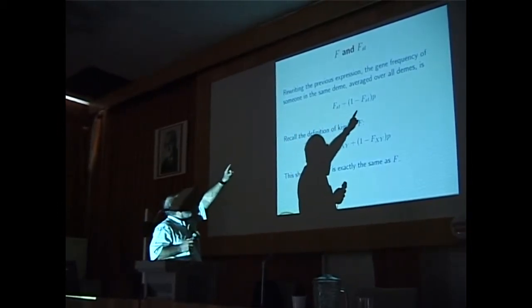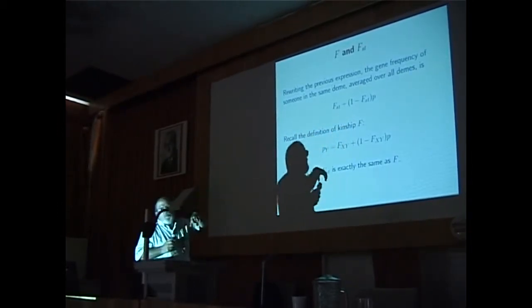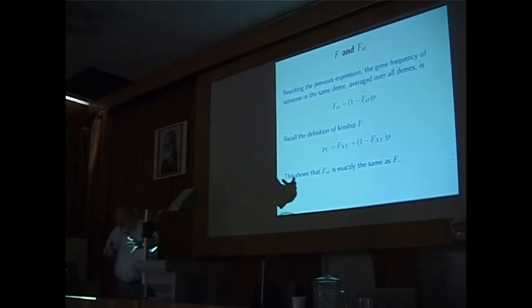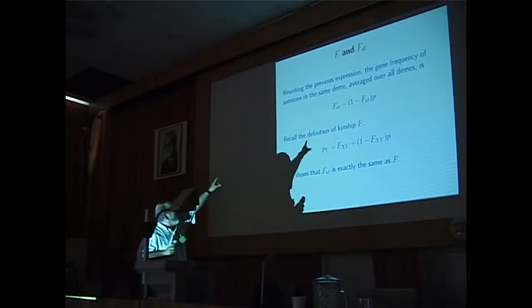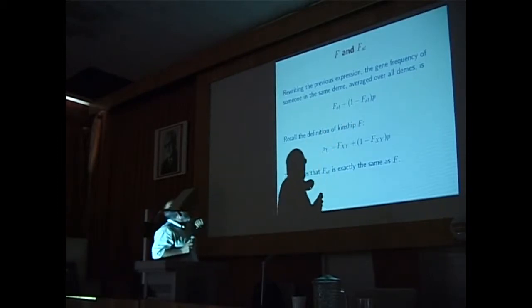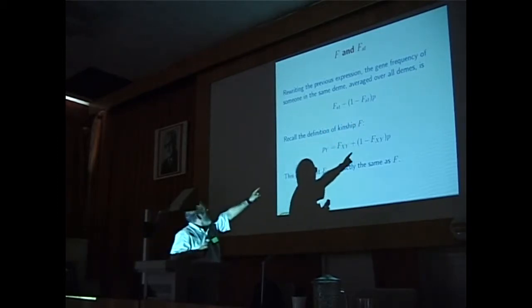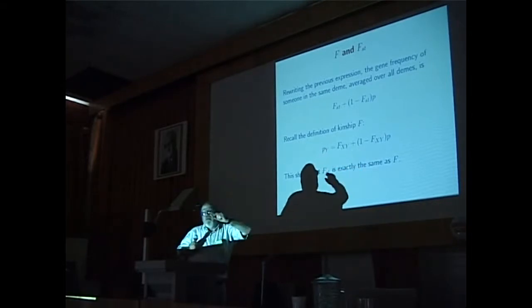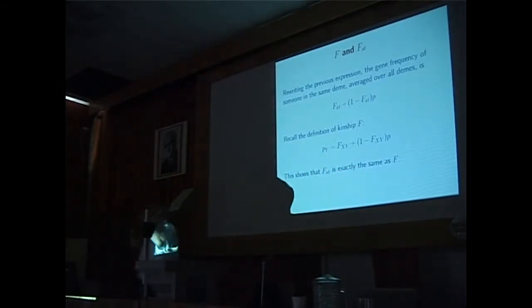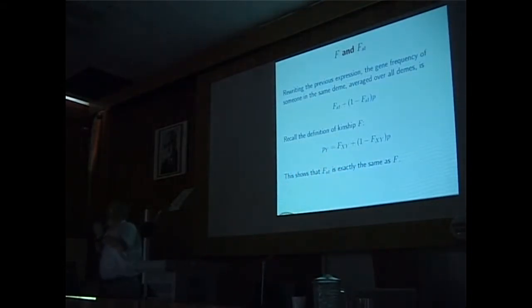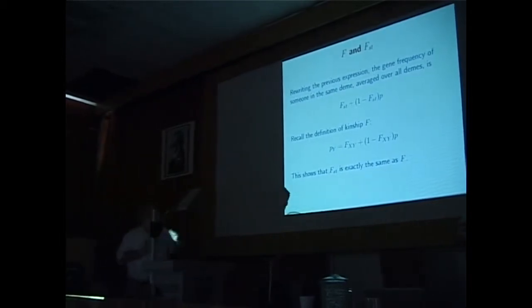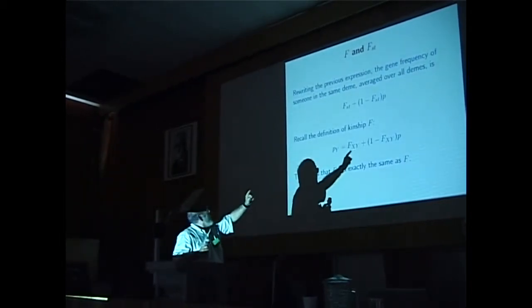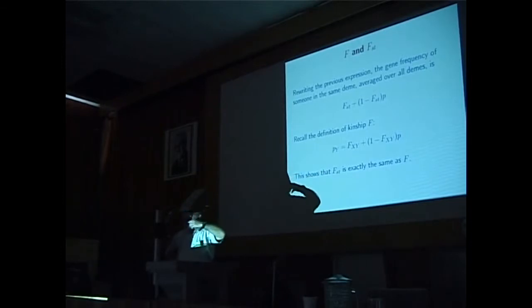This is the conditional gene frequency of someone in the same population. Pick a gene from a Brit, pick another gene from a Brit. That's the probability of identity. This is the probability of identity of a gene picked from a relative whose kinship coefficient is F. Those are exactly the same expression.